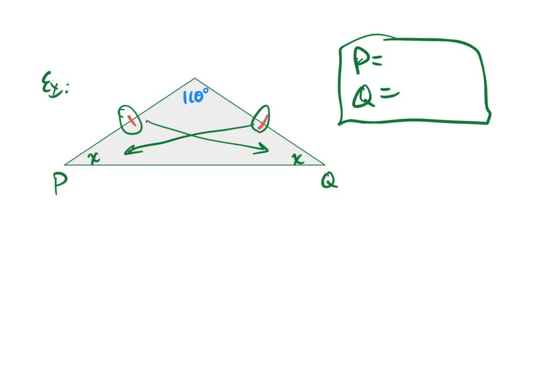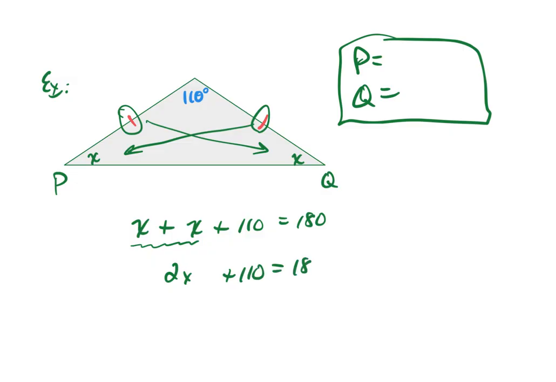Right? And then using the fact that the three angles add up to 180 degrees, we'd be able to say that X plus X plus 110 has to equal 180 degrees. And that gives you a nice easy equation to solve. 1x plus 1x is 2x. Move plus 110 to the other side by subtraction.